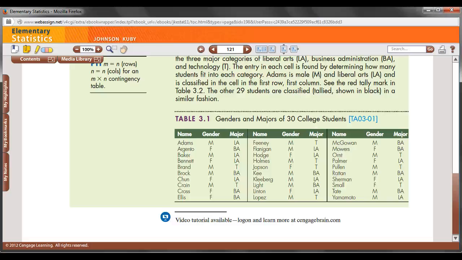We have the first variable, gender, male or female, and the second variable, major: liberal arts, business administration, and technology. They are both nominal qualitative variables. So what we can do mathematically is rather limited except for counting. That's basically what we are going to do.